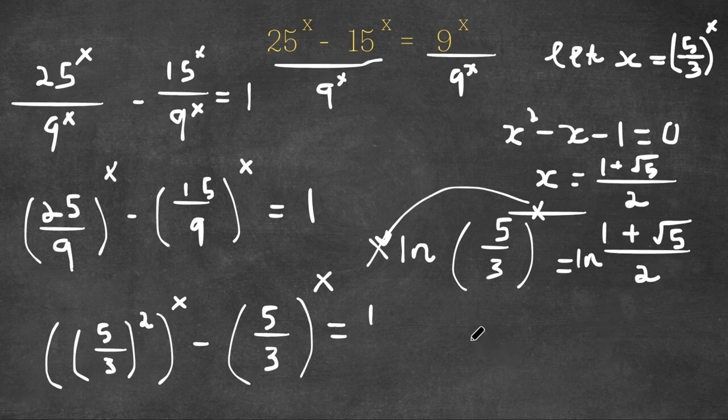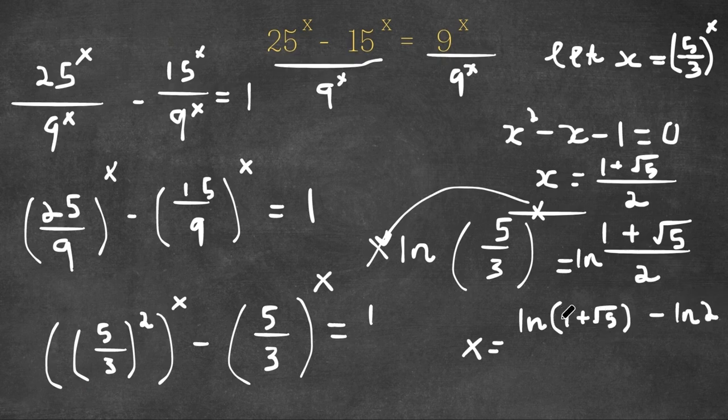And now this can be written as x is equal to, well, for ln 1 plus the square root of 5 over 2, we could write this as ln of 1 plus the square root of 5, minus ln 2.